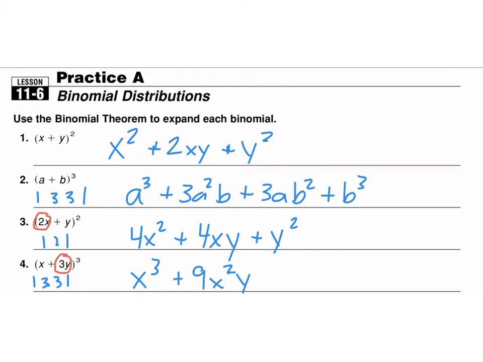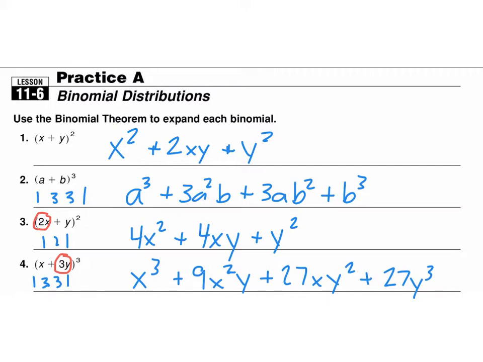The next term is another 3 times just an x, and then times a 3y quantity squared. So that is a 9y squared times the other 3, that's 27. And then x was at the first power and y is squared. And then our last term is the 3y cubed. That's going to be 27y cubed.